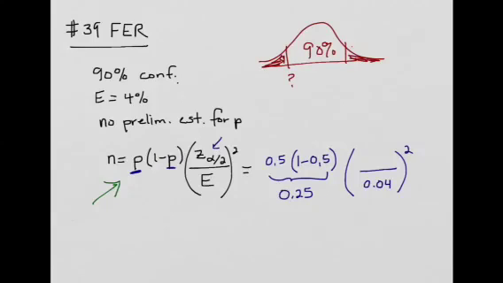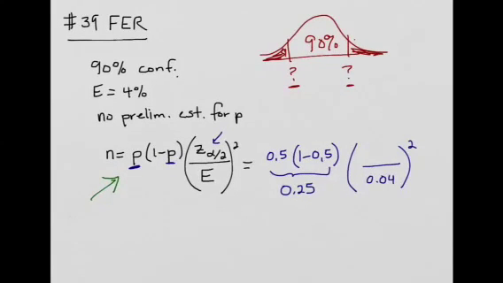We want to find what this z value is. This is our negative z value, and this is our positive z value. If there's 10% left over for the tails, I split that in half so there's 5% in each tail, and that makes up our 100% for the whole distribution.